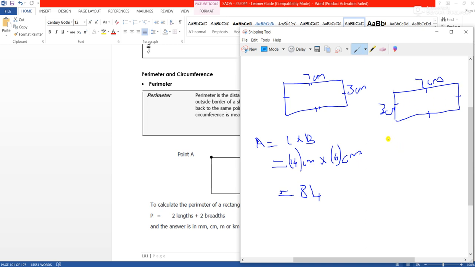So a perimeter will be 2 length plus 2 breadth, meaning you need to add them, and the same applies to this. In order for me to get the 14, I added the 7 and the 7 because they are equal in length. So that's how I arrived at this answer. I used the perimeter formula.